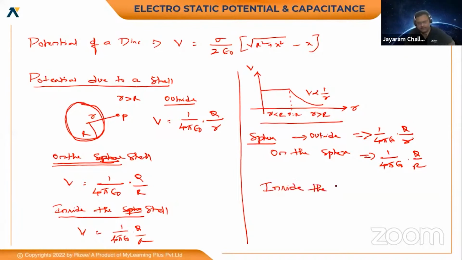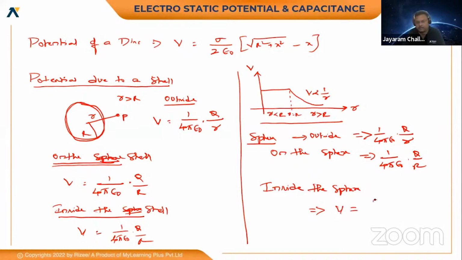Inside the sphere, because the field inside a sphere is different, it is 1 by 4 pi epsilon naught q by R cube into small r. So when you integrate that particular thing and solve it, you'll be getting the potential at any point inside. It's a very, very important formula.